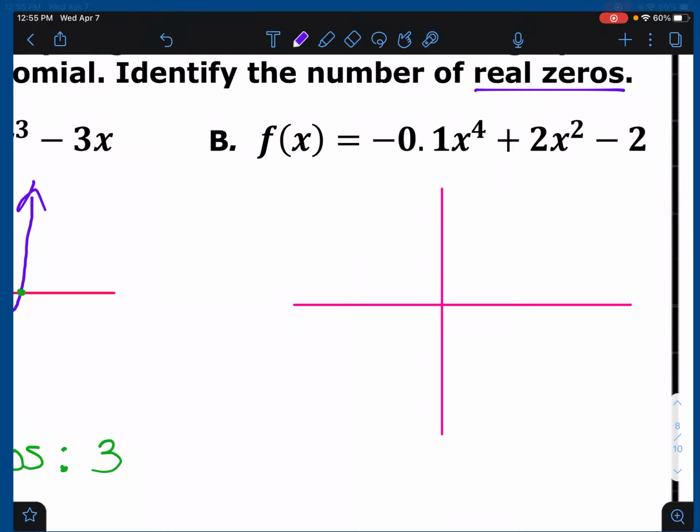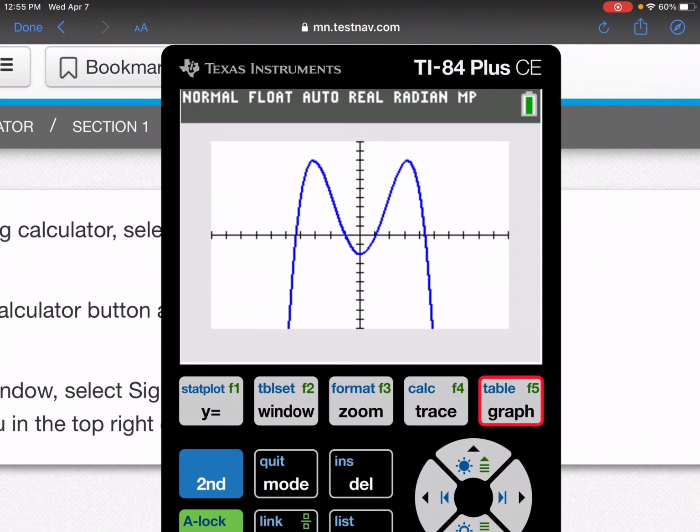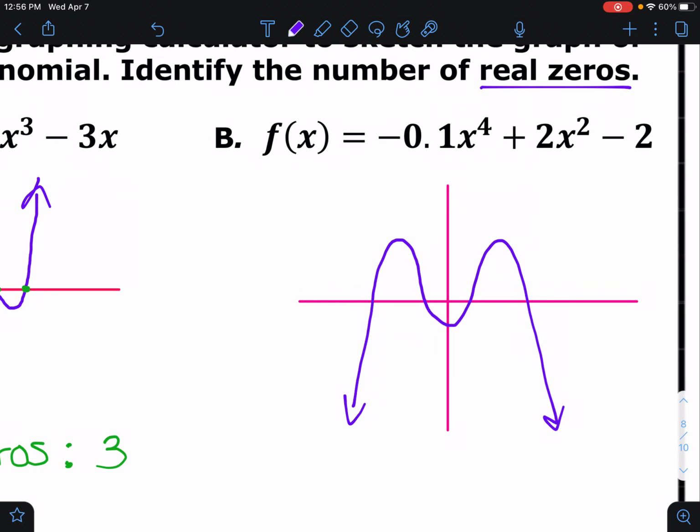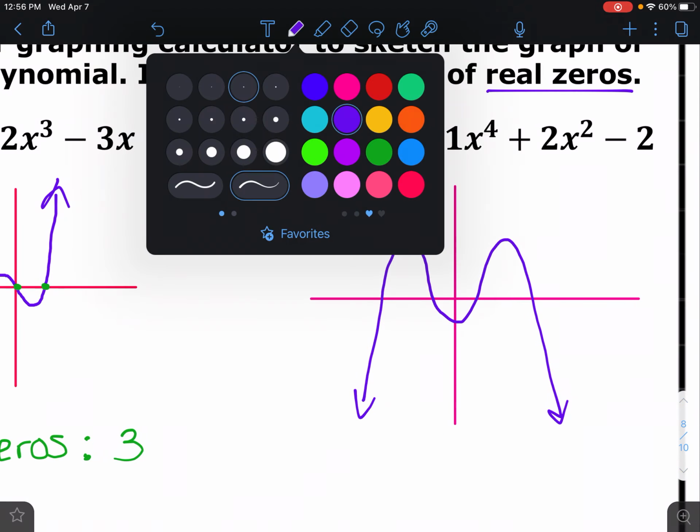And now I'm going to take one more look here. All right, so it kind of goes like that.